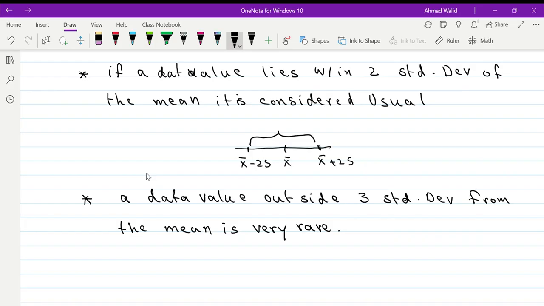For example, did you ever hear that someone is like 10 feet tall? If I talk about height of the people, 10 feet. Oh, I heard about 8 feet. I saw 2 feet tall also. But 10 feet or 12 feet tall, no. If there is one, it will be rarely rare, correct?